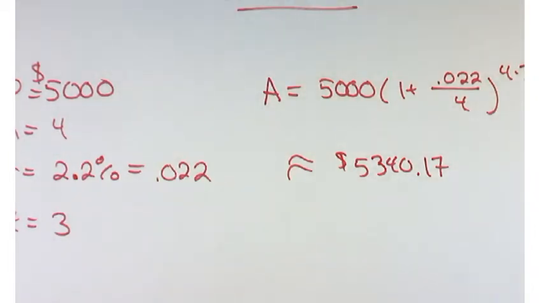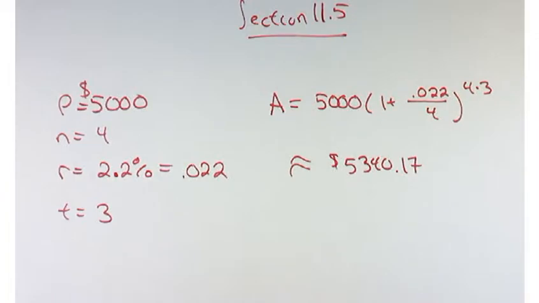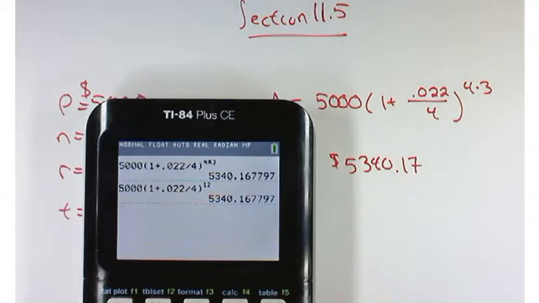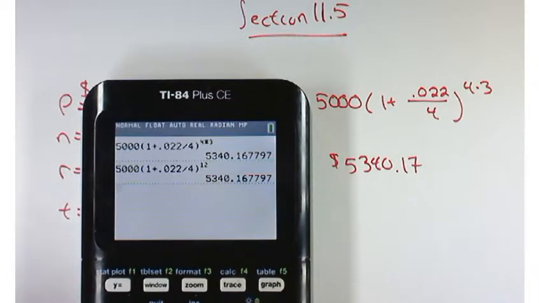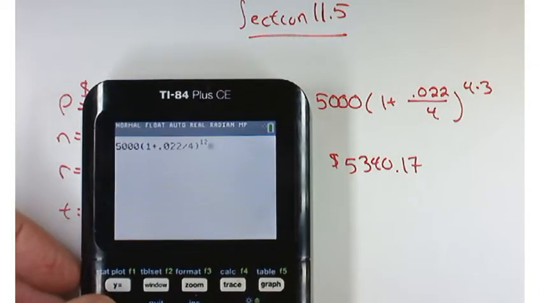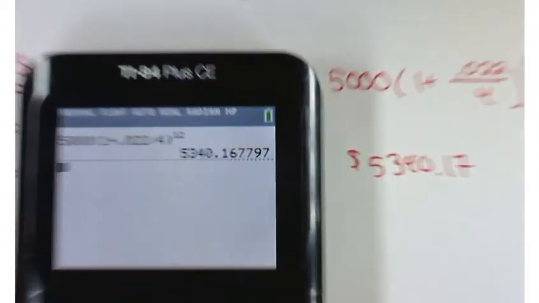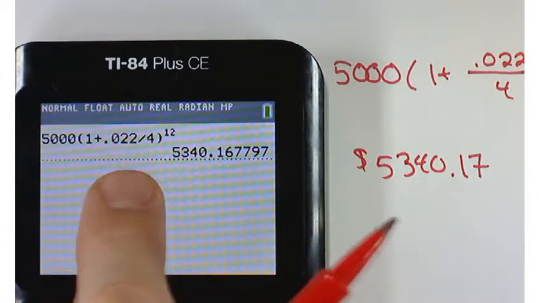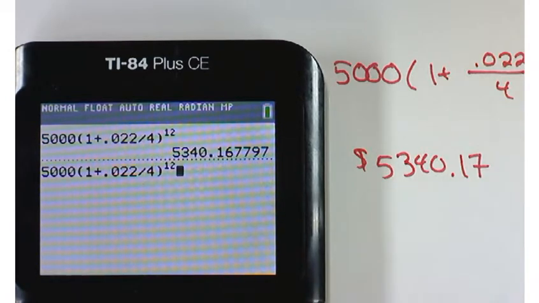Let's try another one. Actually, before I try another one, let me give you a heads up here. A very easy mistake to make on these types of problems is to forget to convert from 2.2% to 0.022. So what would happen if I plugged in 2.2 instead?